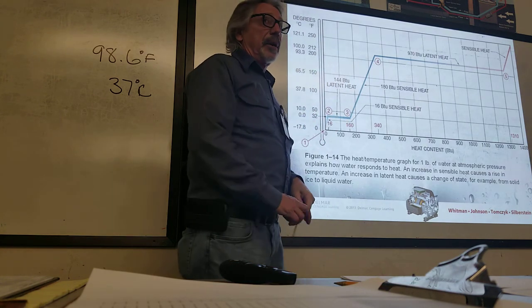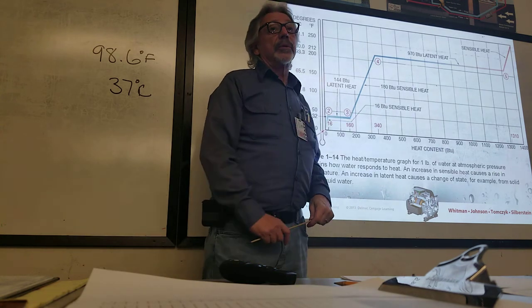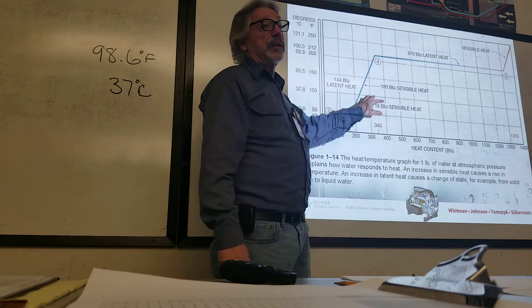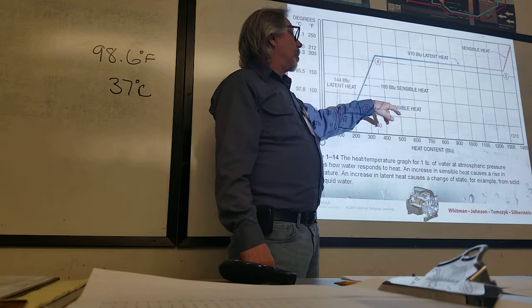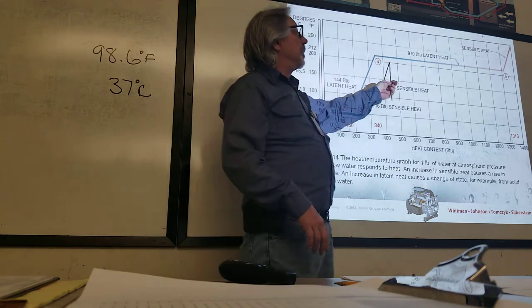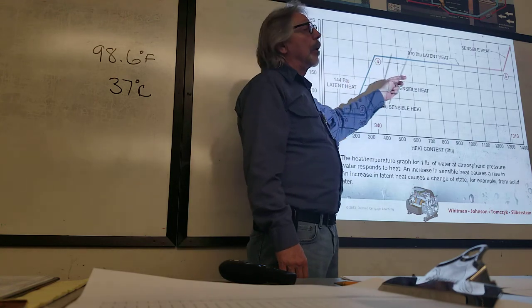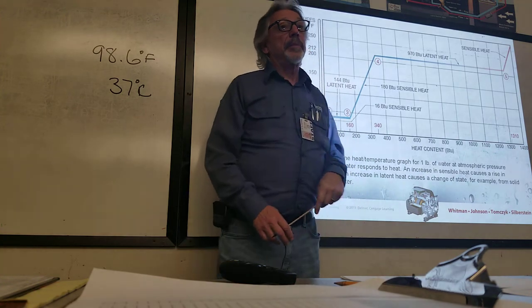So in order to raise the water 180 degrees, we need 180 BTUs of sensible heat. No latent heat is involved in changing the temperature. Because the latent heat is involved in making it into steam from this point here. So 212 degree water, with more heat that it absorbs, becomes steam.